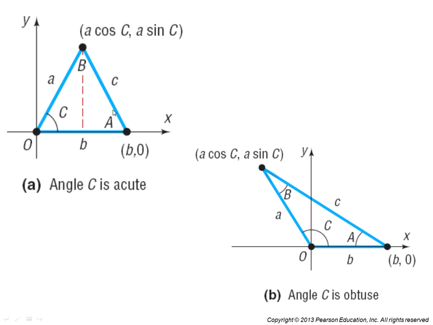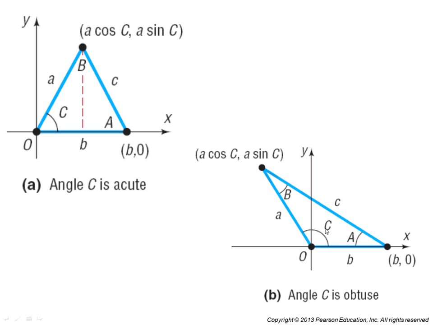And our y-coordinate is a sine of c. We're doing this so we can prove the law of cosines. Our third point in the triangle is b comma 0.